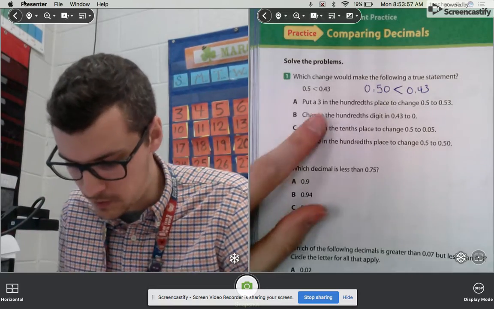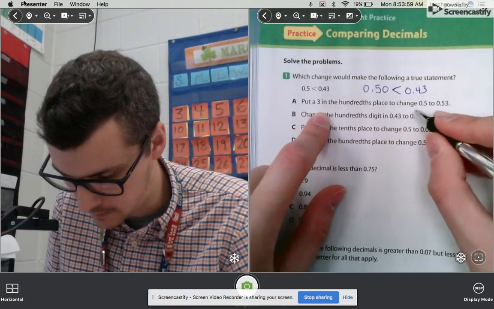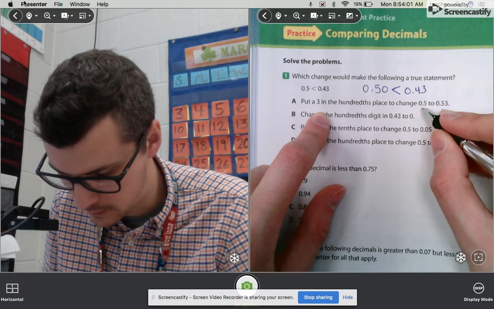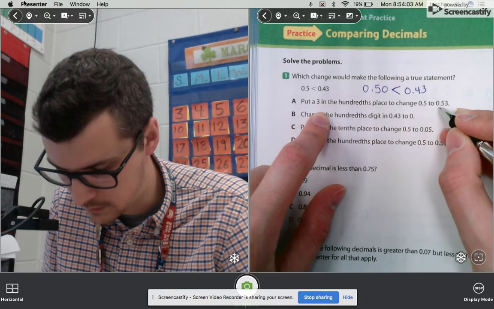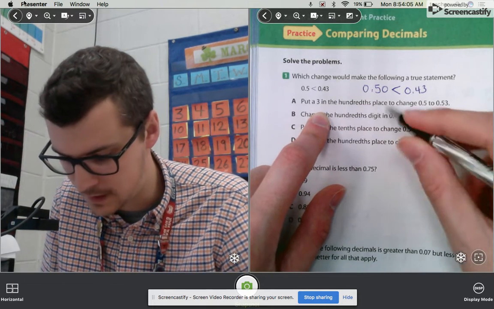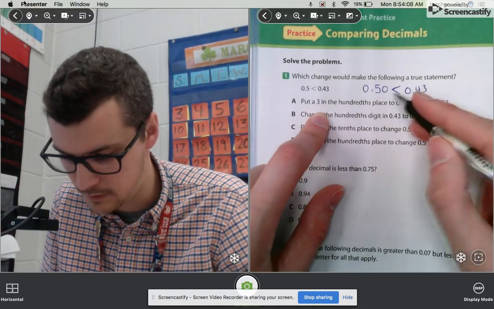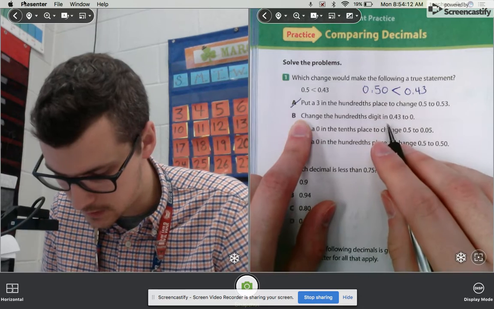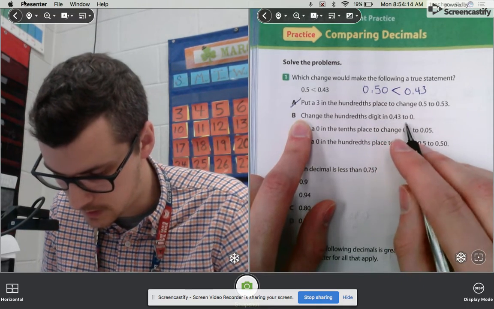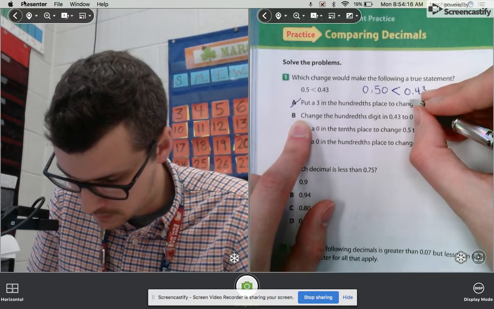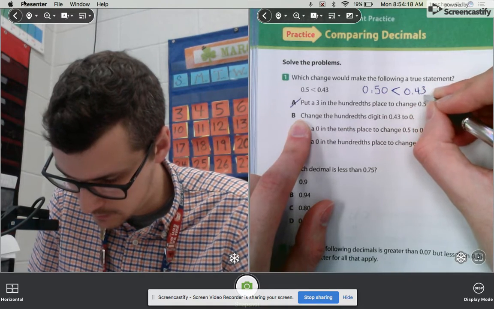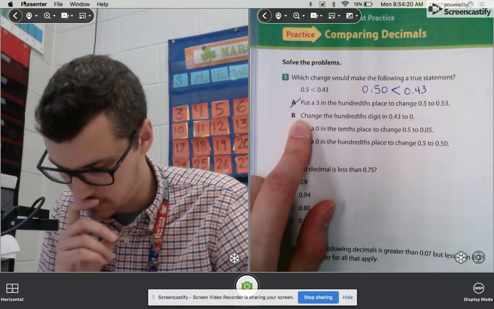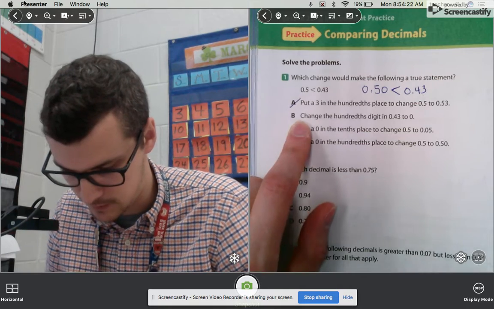All right, so if we put a 3 in the hundredths place to change 0.5 to 0.53, it's still going to be greater than that, so that's no. Change the hundredths digit in 0.43 to a 0. So that's going to be 0.40, so that's not going to be true either.